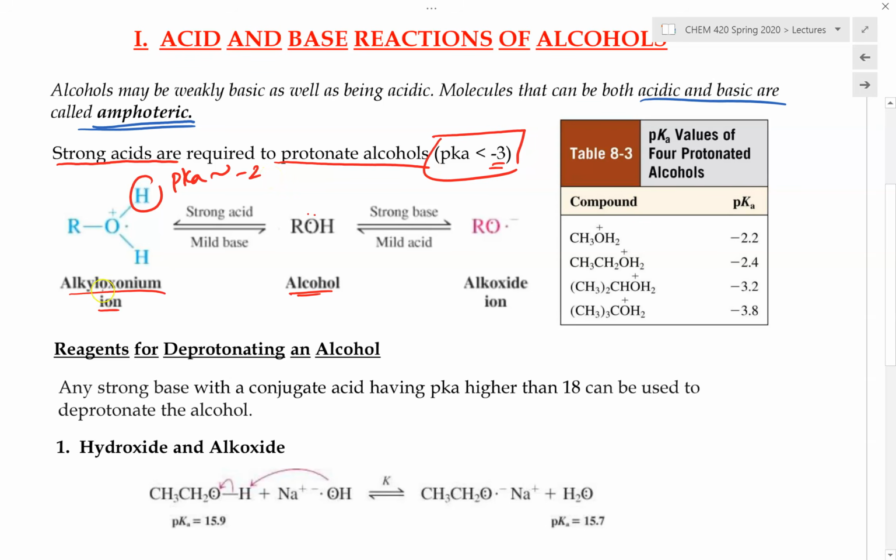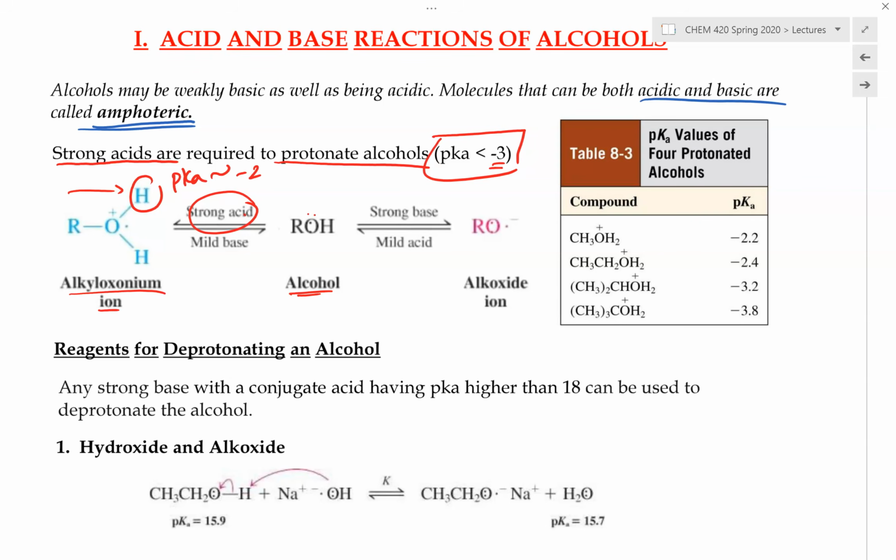In order for us to produce this alkoxonium ion, you would need a strong acid with a pKa of about -2 or -3. That is the reason: the pKa of this alkoxonium ion is about -2 to -3, and therefore we need to add an acid that is stronger than that in order to make that happen.